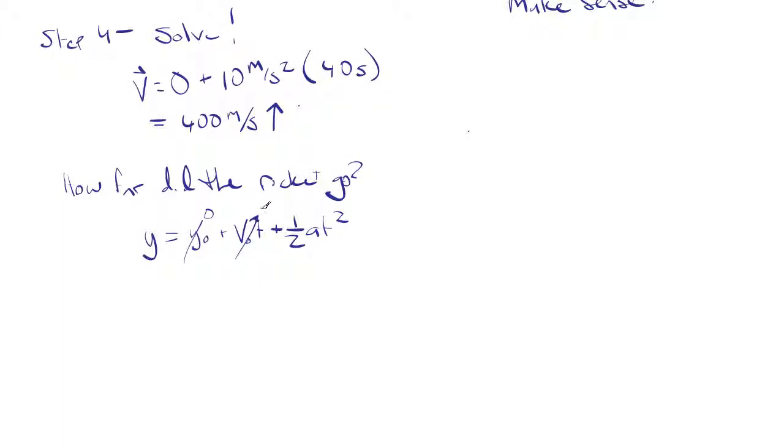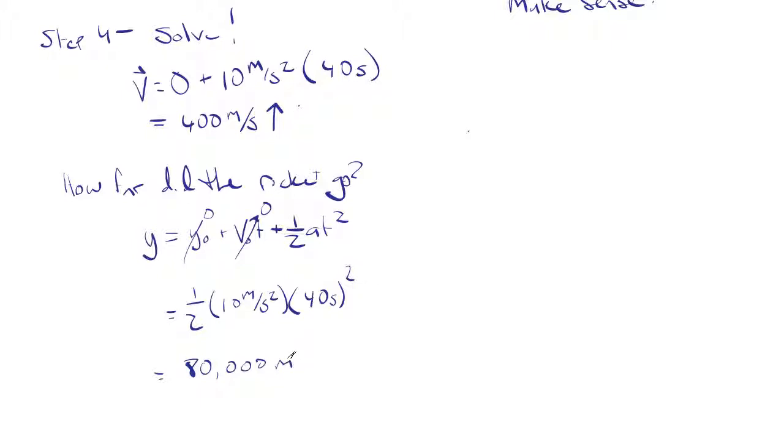My initial velocity I set as 0, so that greatly simplifies the equation and allows me to quickly find the position. So I had 10 meters per second squared is my acceleration, my time, 40 seconds, and I'm going to have to square that. Let's see, that gives me 160,000 divided by 2 gives me 80,000.